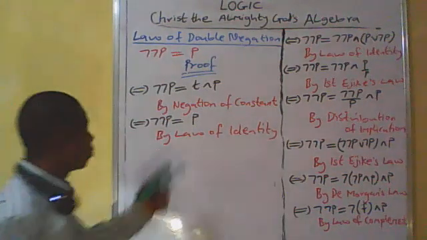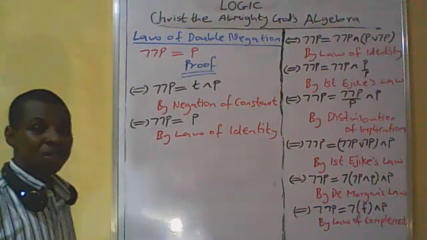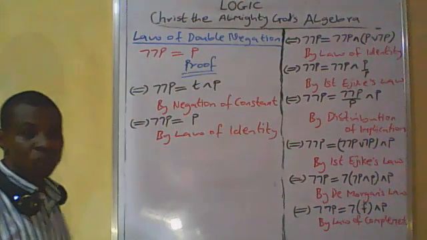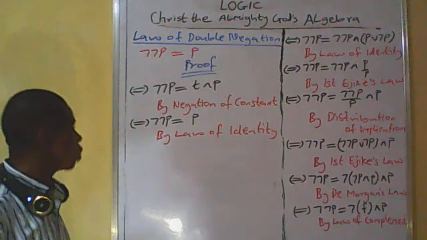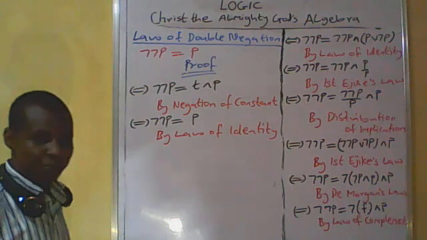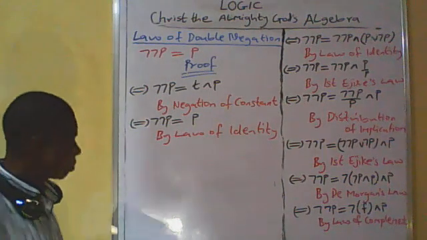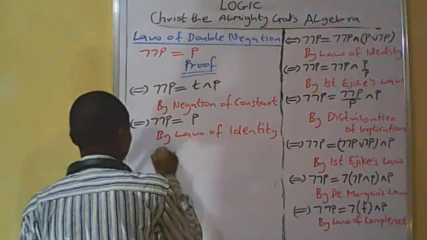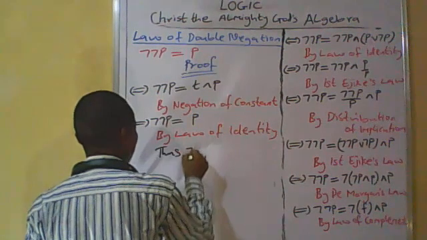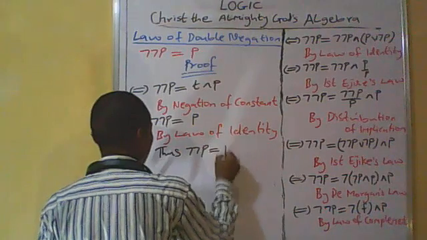We have now proved our hypothesis. That means our assumption has been proved to be true, that not P is equal to P. So we conclude, thus, not P is equal to P.